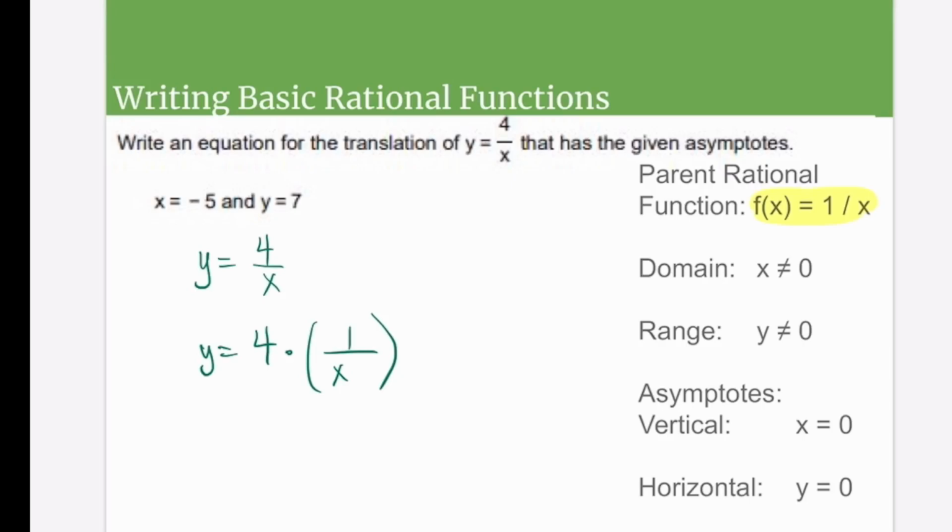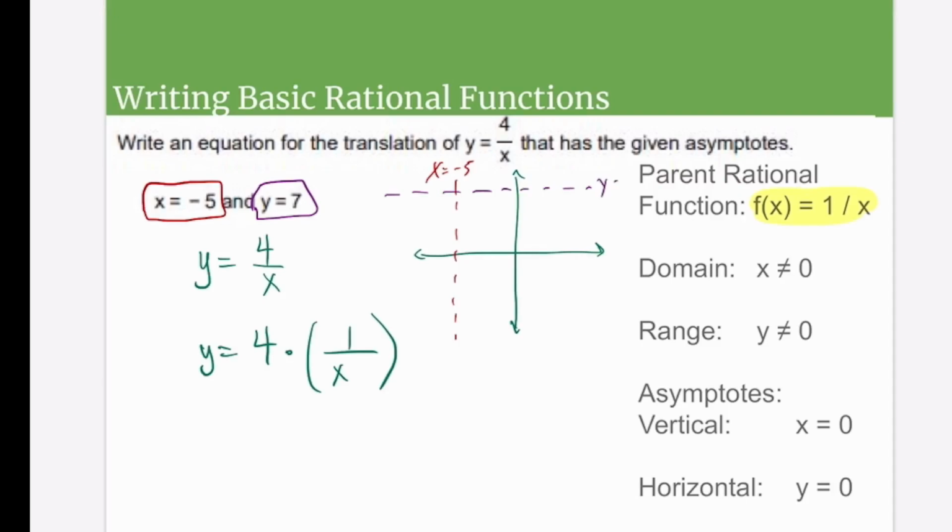So our asymptote, x has an asymptote of -5. So we can sketch this first if we wanted to. At -5, it's over here, we have one asymptote, and when y is 7, we have another asymptote. So let's do the x first. That x is a horizontal shift, which means your domain and your vertical asymptote get affected.